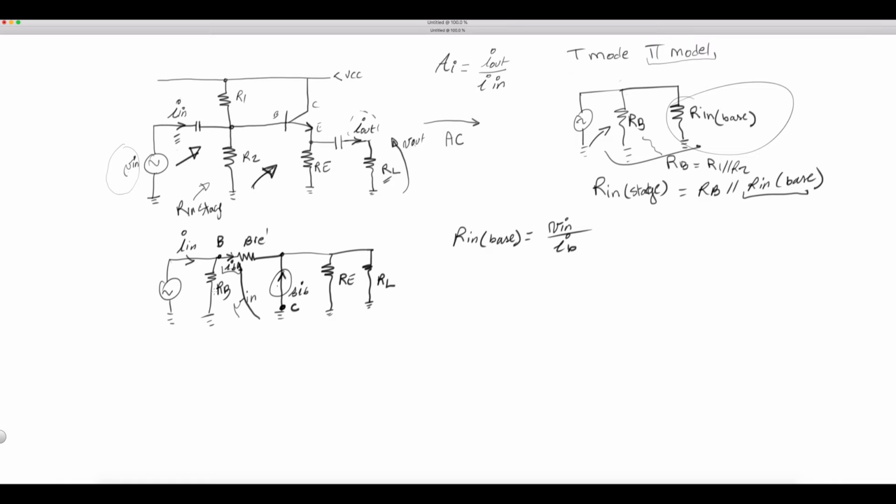But what is Vn? If you look at Vn from the base, and remember this is the emitter, so from the base, this point right here, we're seeing beta RE prime, and then this is the emitter, and then we're seeing RE in parallel with RL.